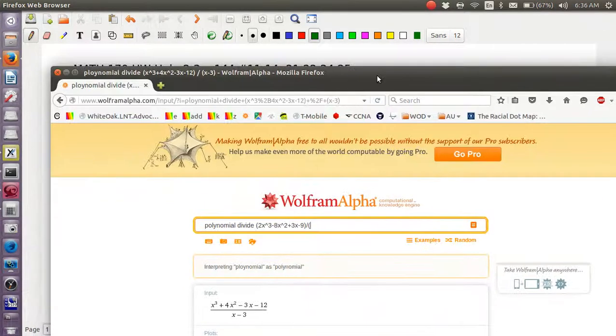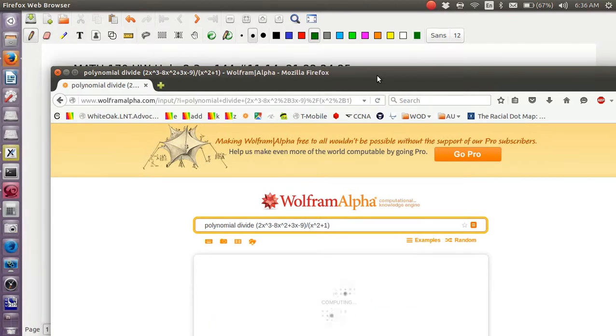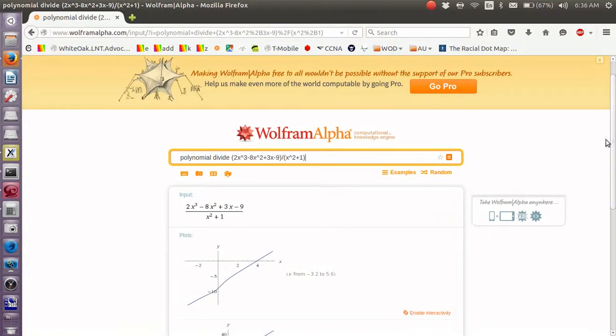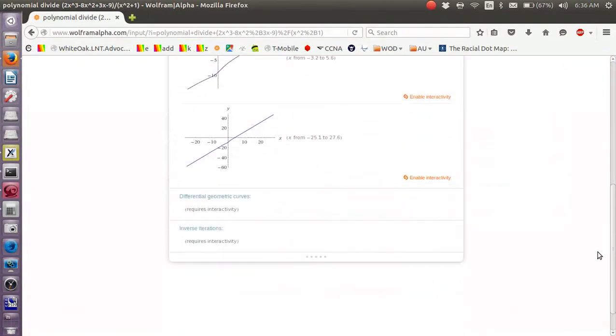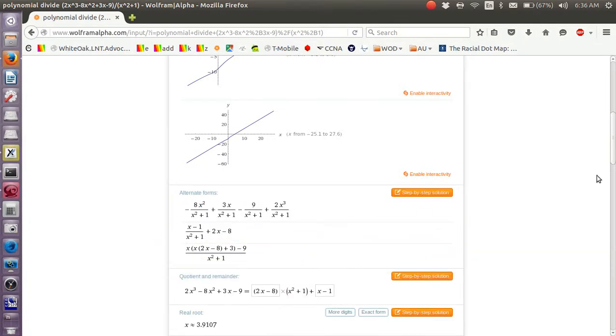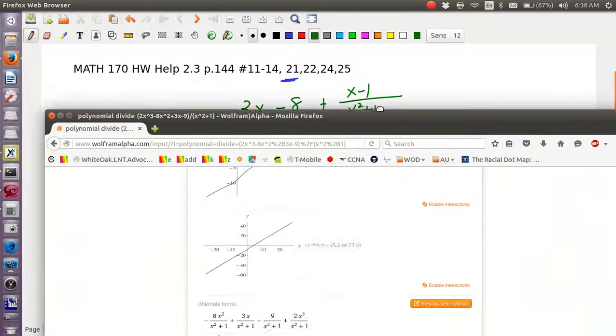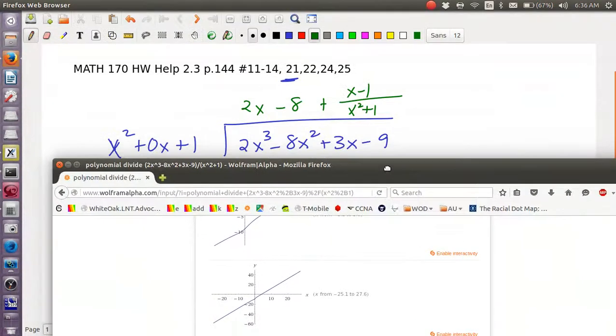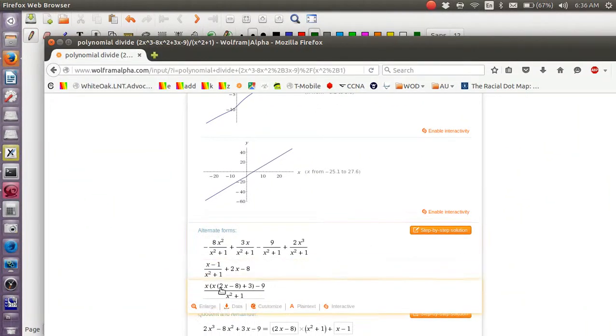And x squared plus 1. And if we get our answer, we'll be happy. Well, see, okay. So it tells us it's 2x minus 8. And that piece we got, x minus 1 over x squared plus 1. Yep, that's good. So we're happy.